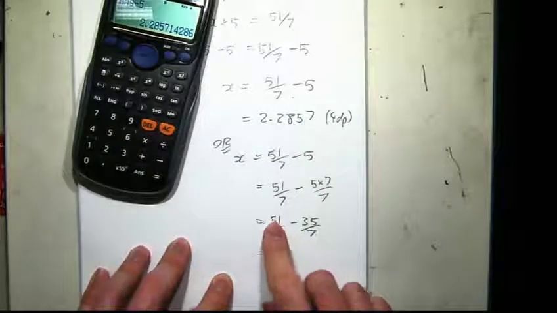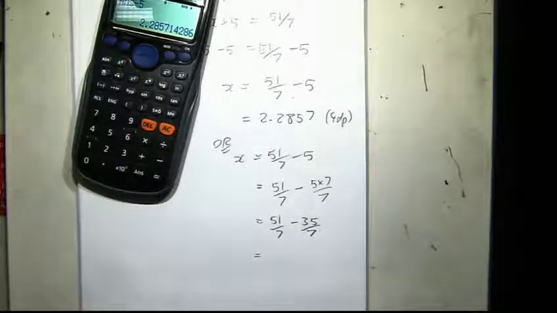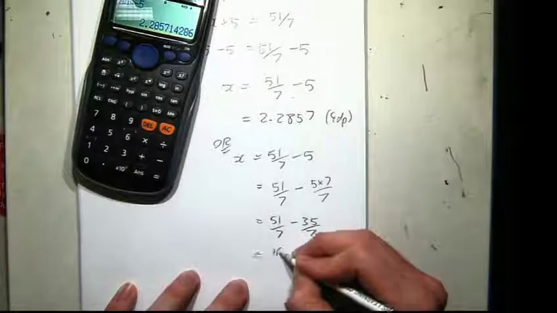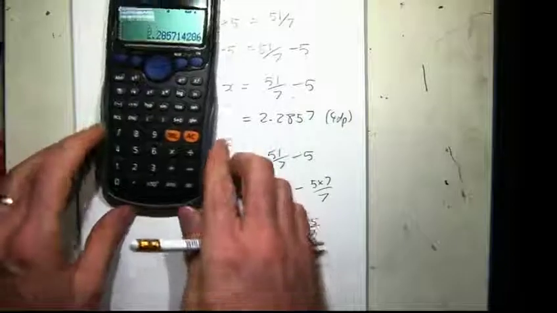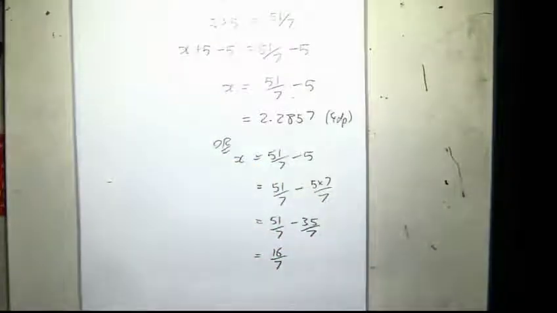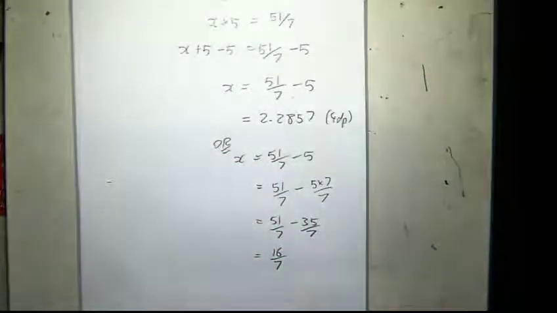And 51 minus 35, 40 minus 35 would be 5, so it must be 16 then. Let me just check if I've got the same answer. Yes, okay. So if you're in maths, you'd leave it as a fraction. If you're in science, you'd do it as a decimal, depending on what you're aiming to achieve, of course.